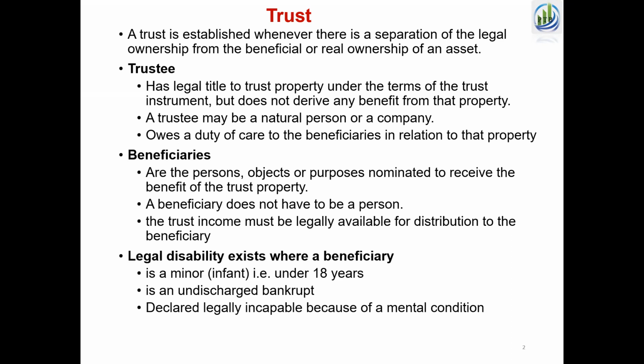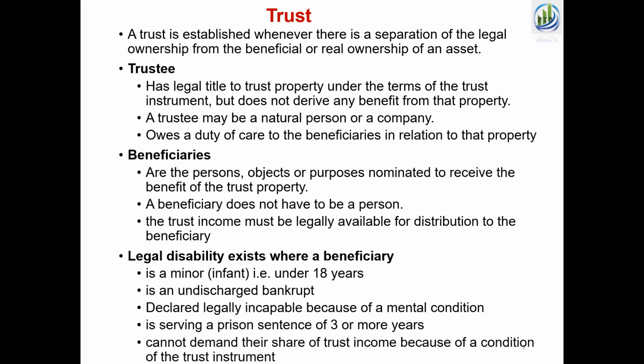If you distribute income to them, the trustee is going to pay that 45 percent. Another one: if a person is serving a prison sentence of 3 years or more and you allocate income to them, they come under legal disability and the trustee is going to pay 45 percent.